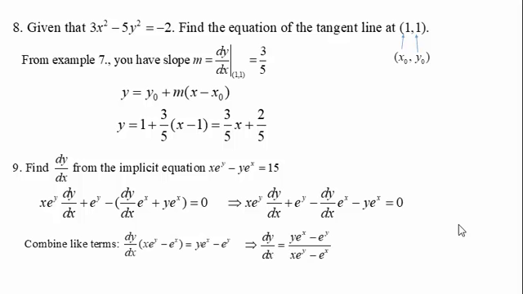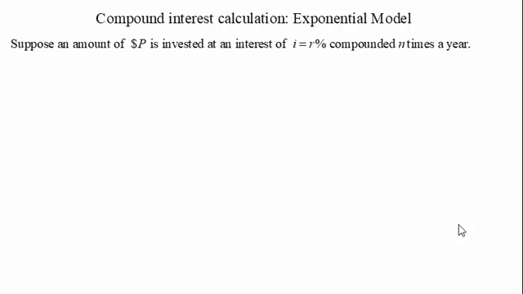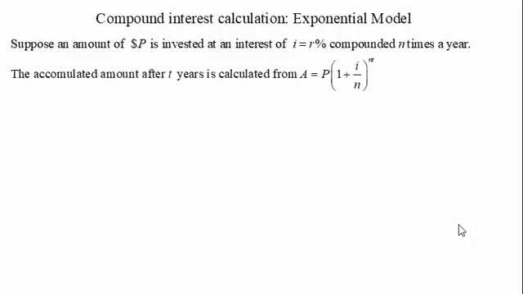You are done. I want to show you some application in real life investment. So if you have invested $P at R% interest compounded n times a year for t years, then your amount will be with this relation. This you have learned in college algebra or in algebra class.